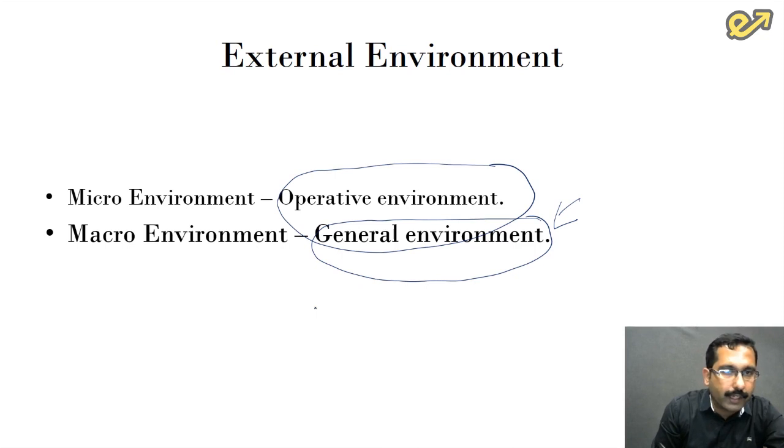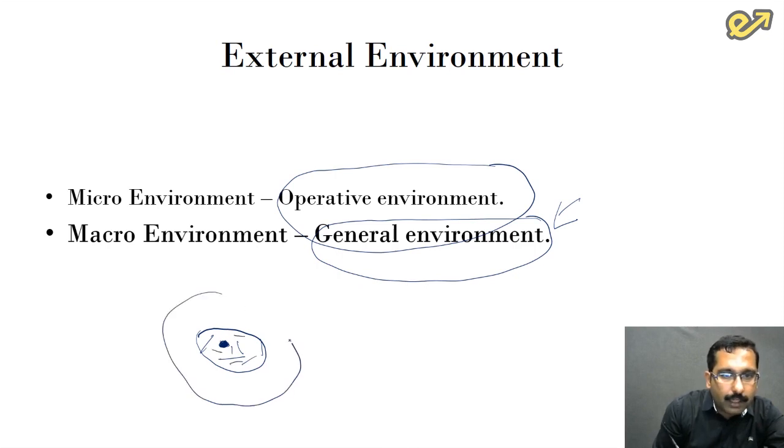Now, even before we get into the details of micro environment and macro environment, let us quickly have a diagram here to understand this. Let us say this is the business. We are placing the business at the center. All that you see here, this area, is the internal environment. Now, all that is very close to the business, this part, becomes the micro external environment, and this becomes the macro external environment.